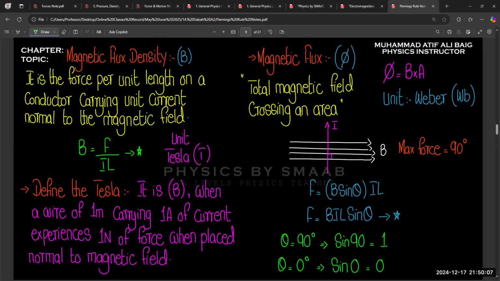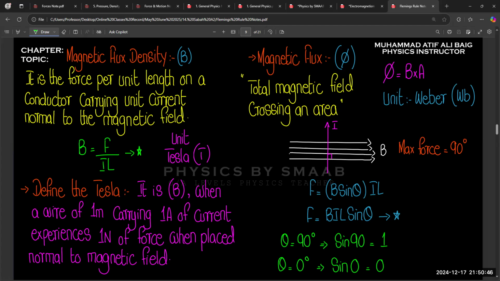If we consider the definition of magnetic flux density, it is the force per unit length on a conductor carrying unit current normal to the magnetic field. The magnetic field is already there, so if we sprinkle iron filings we get evidence of the magnetic field. But how do we know that there is a force acting per unit length? Is there any method that gives you force per unit length?